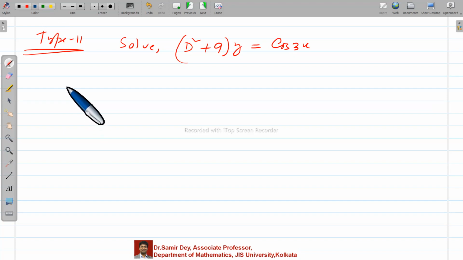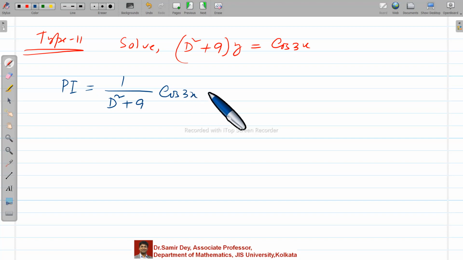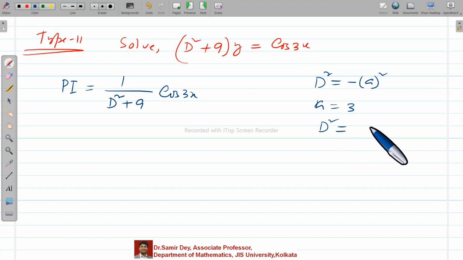Please write down the PI part: 1 by D square plus 9, cos of 3x, correct? So already you know all D square should be replaced by minus a whole square. In this problem, a is equals to 3, the coefficient of x in cos 3x. So ultimately we should write D square is equals to minus 3 whole square.